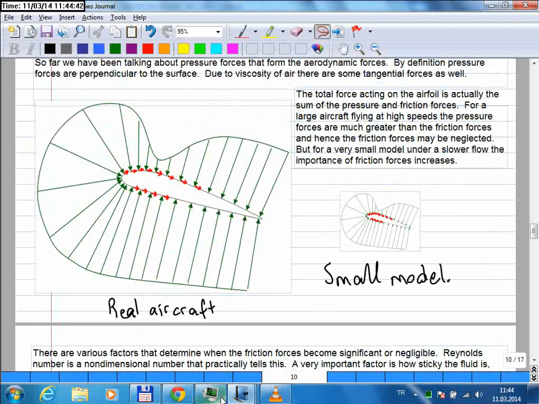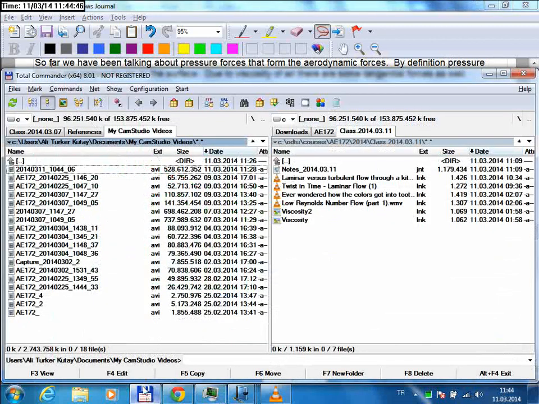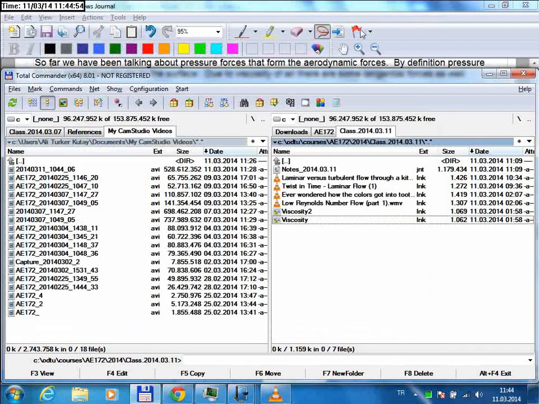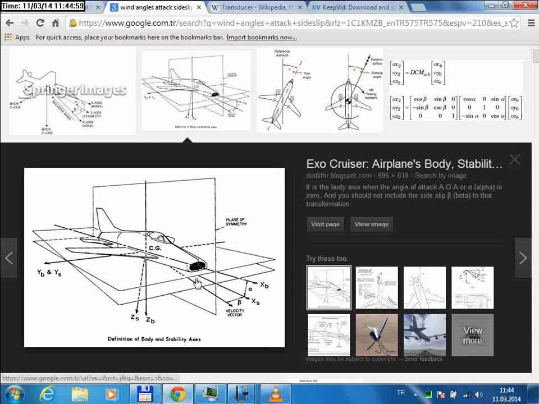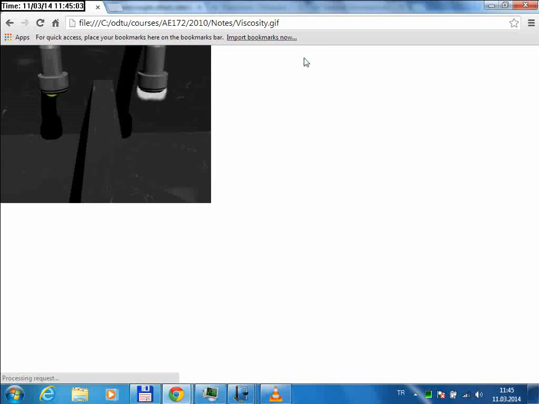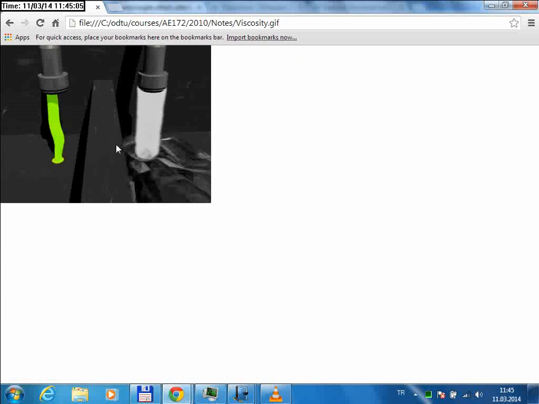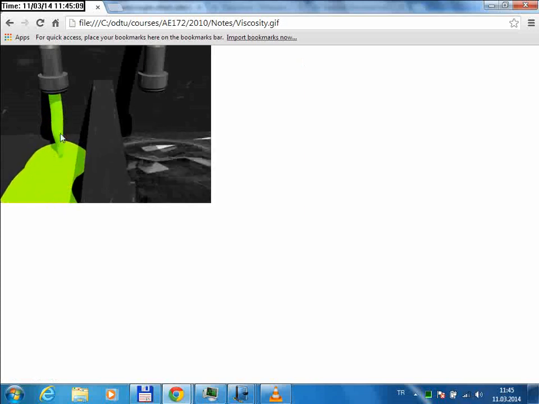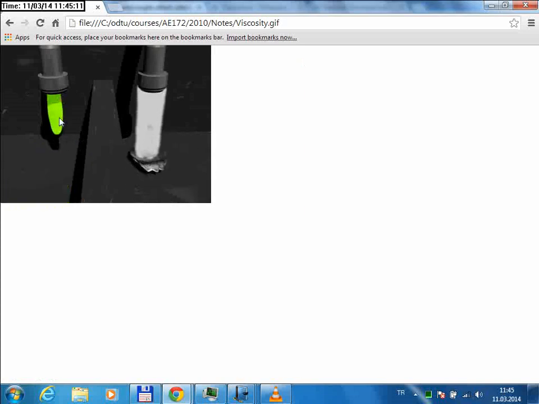Let me show you another animation to show you the difference between turbulent versus laminar flow. As you can tell, the one on the left, this green one, is a laminar flow.